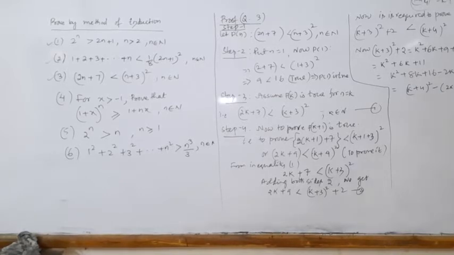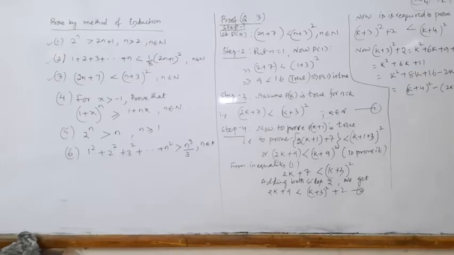So this is less than (k plus 4) whole square.